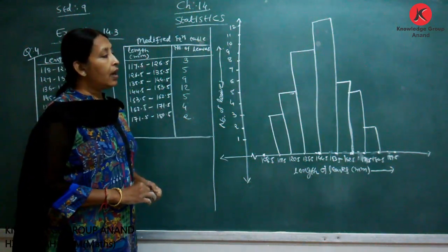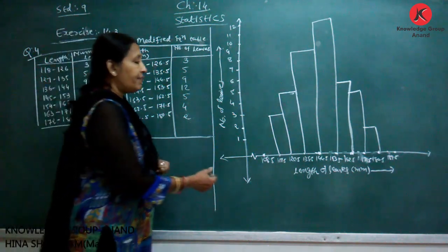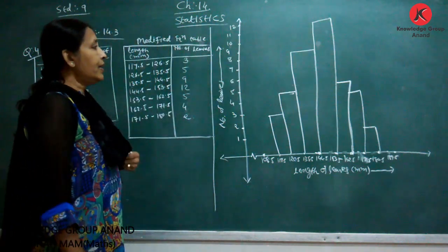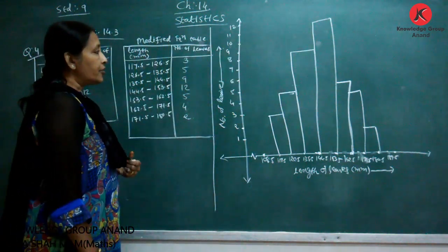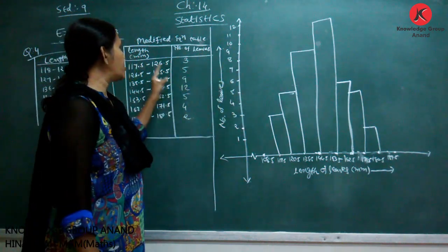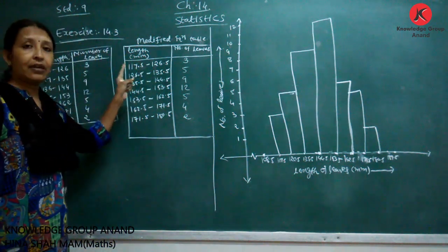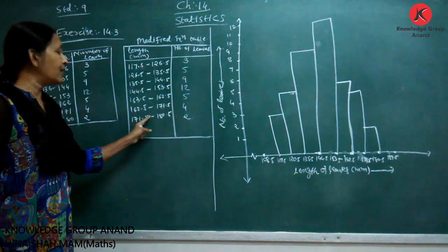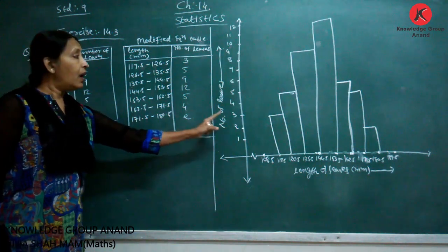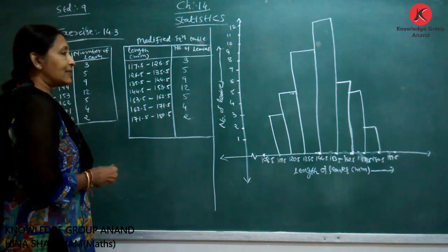All the rectangles have the same width, and they are continuous. A histogram is drawn for a continuous class distribution. Suppose it is not given that way, then we first modify it, converting it into continuous class intervals, and then draw the histogram taking the limits of the class intervals.